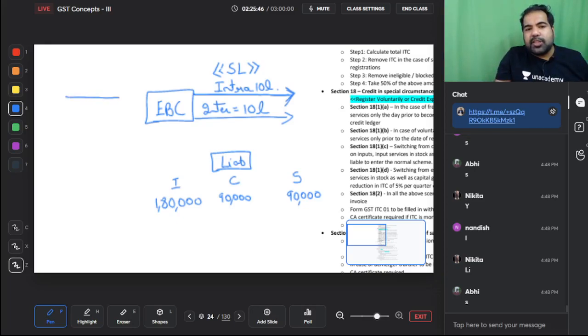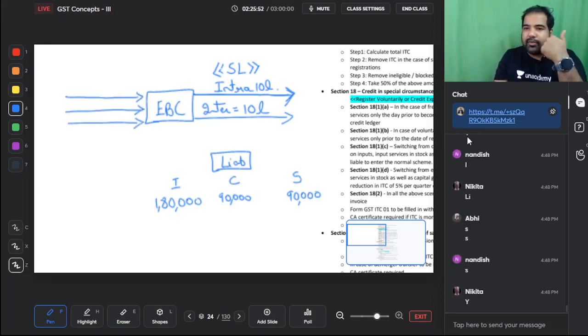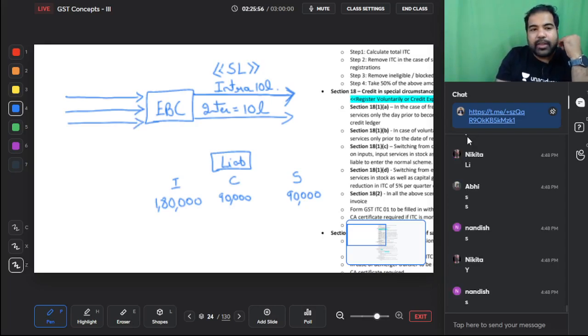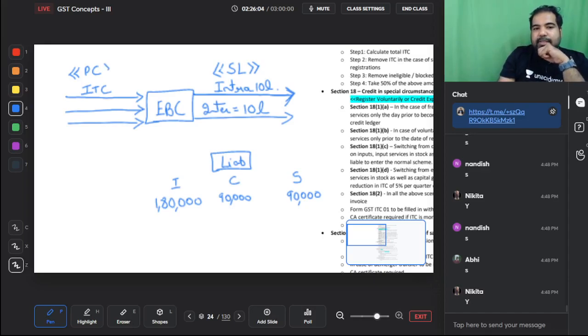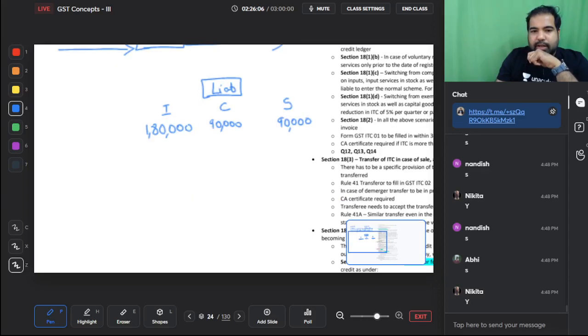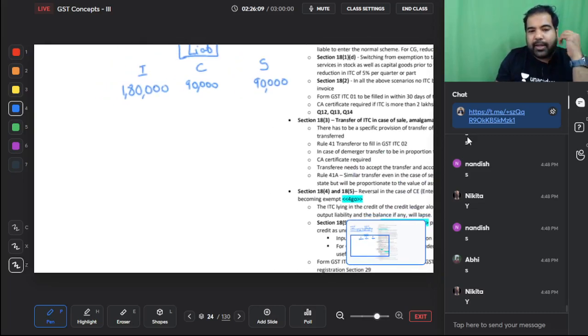Now, are you purchasing something? Yes. And if all the conditions of 16.1, 16.2, 16.3, 16.4, etc. are satisfied, can you take ITC of these purchases? Yes. So purchases give you credit, like PC, Priyanka Chopra, purchase gives you credit. So here are the credits.